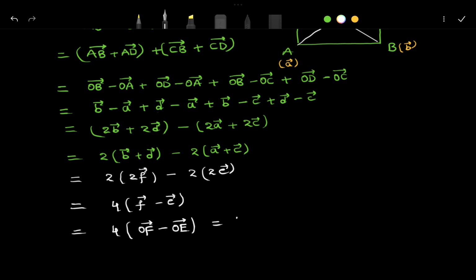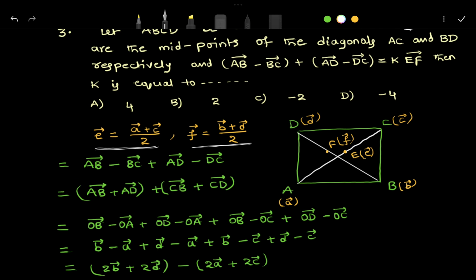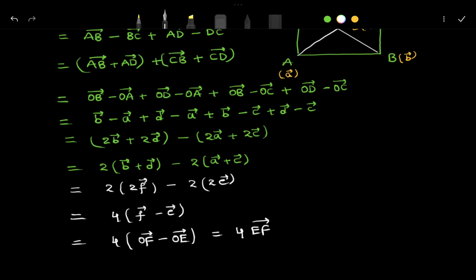You take this as 4 into EF bar. In the given question, this value will be equal to 4 into EF bar, so by comparing you can get this value.